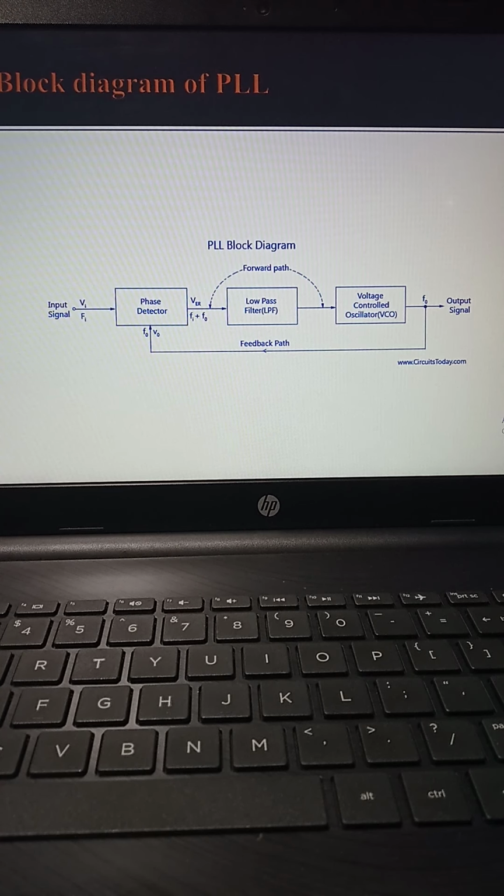The first state is the free running state. In this state there is no control on F0, that is the output frequency. It is the stage of the voltage control oscillator before applying the control voltage VC, that is the input voltage.